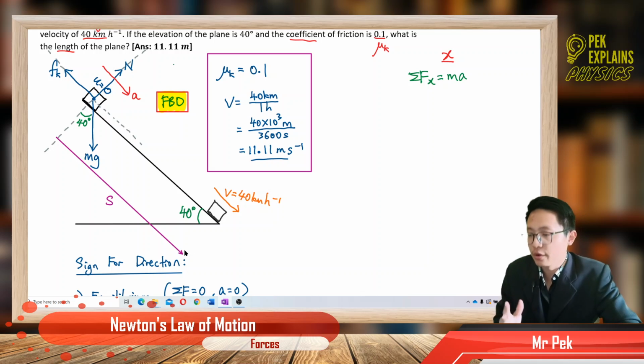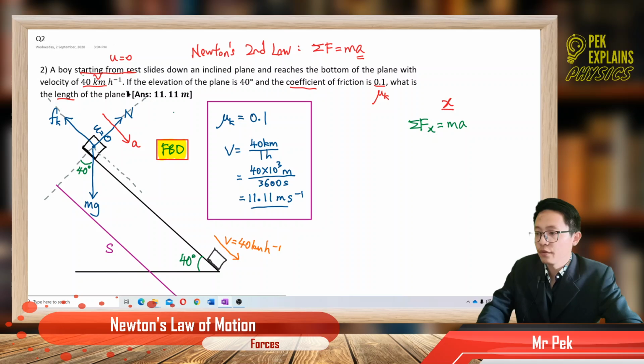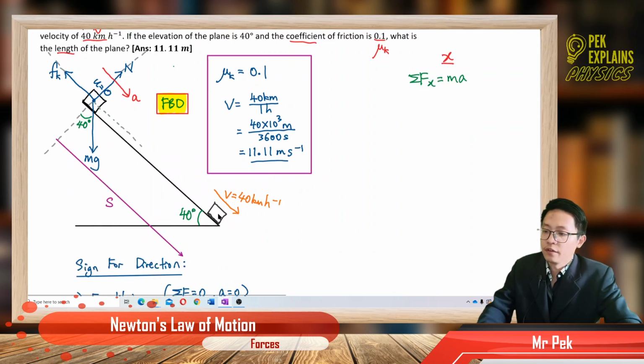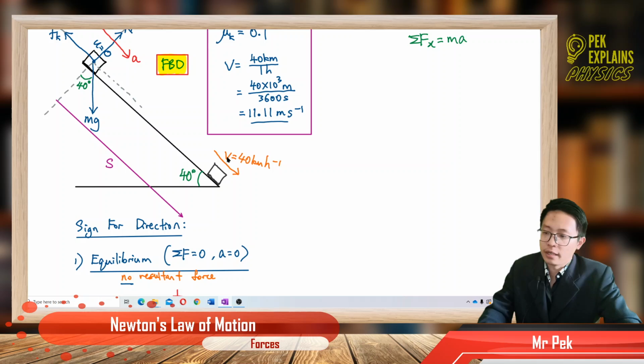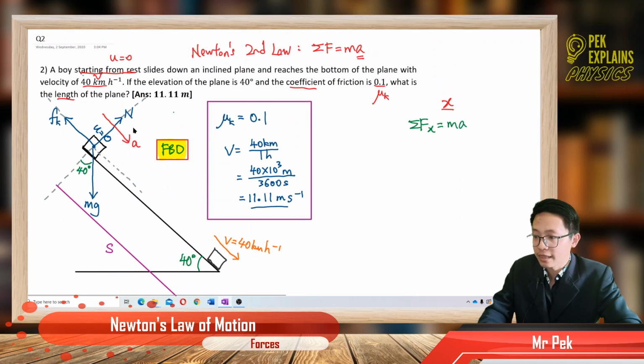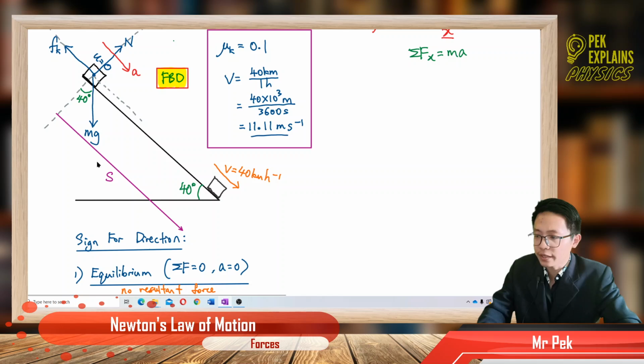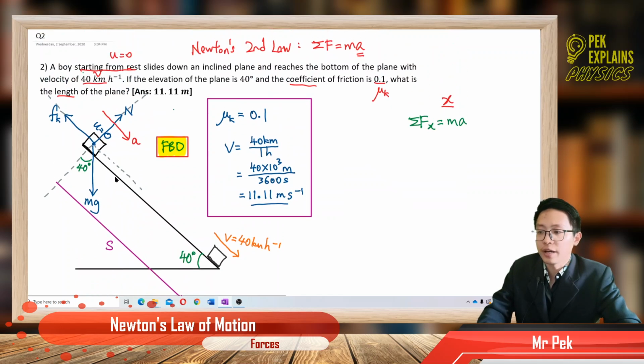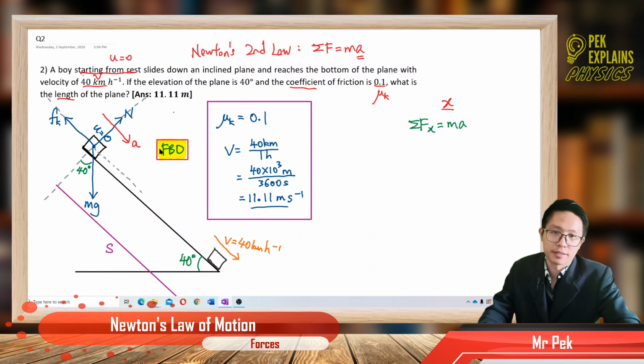We have the initial velocity 0, starting from rest, and the final velocity v at the bottom, and we want to find the displacement. But we don't have the acceleration.